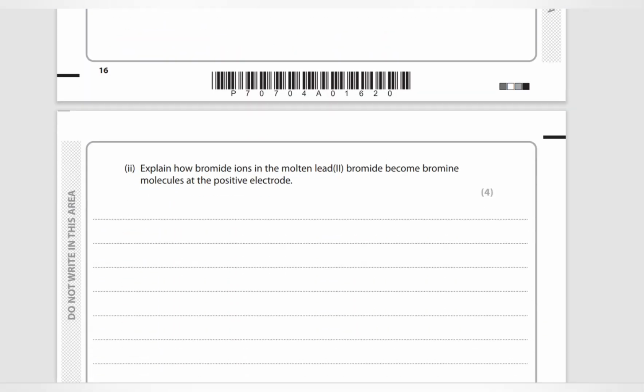Explain how bromide ions in the molten lead bromide become bromine molecules at the positive electrode.